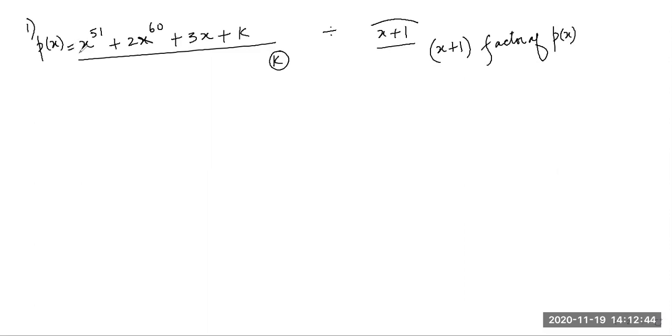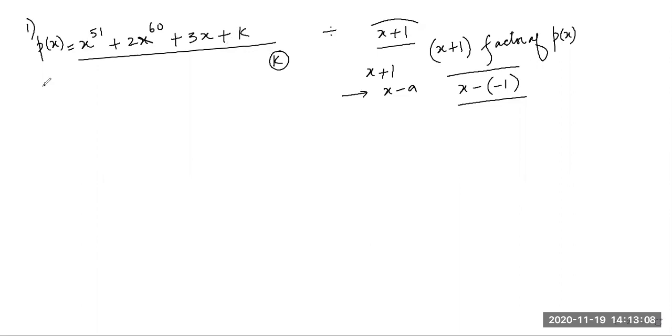So, students, how will we do it? First, don't make the mistake: x plus 1 should be written in the form x minus a. So how will we write it? x minus of minus 1. So the a value is minus 1. This is a factor of the polynomial.